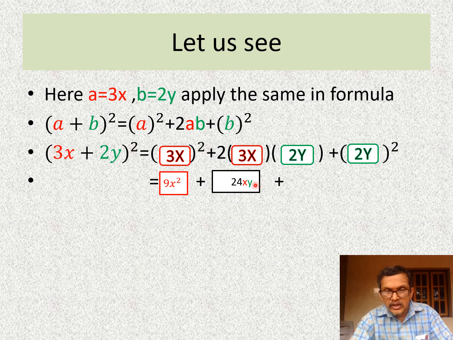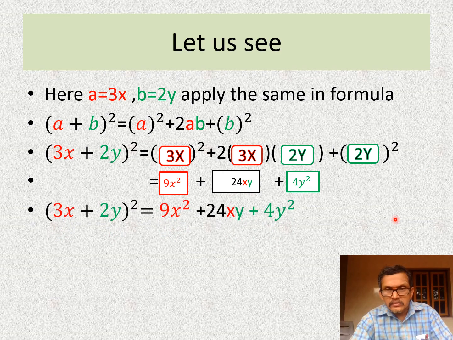Make this correction: 12xy. Here 2y whole squared is 4y squared. So 9x squared, 12xy, 4y squared. This is the expansion of 3x plus 2y whole squared. So 3x plus 2y whole squared equals 9x squared plus 12xy, not 24xy, plus 4y squared.